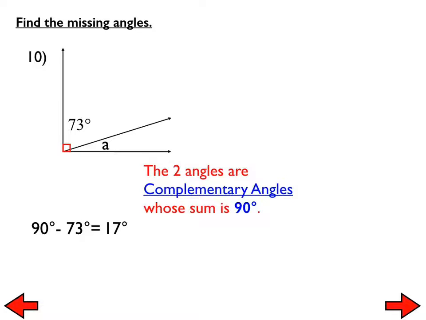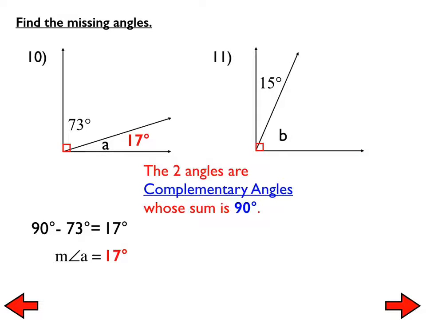Very good. Don't forget the little circle that means degrees. Number 11, what relationship does that one have? Still complementary. And then go ahead and say your answer as well. Measure of angle B equals 75 degrees.